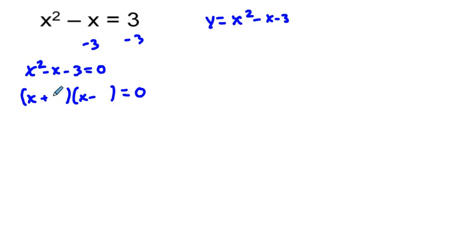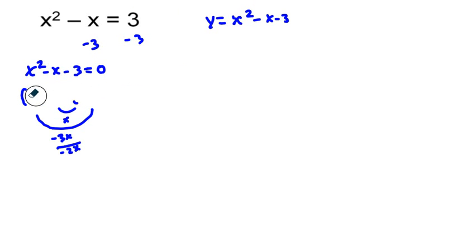If you multiply (x plus 1) by (x minus 3), you get 1 times x, which is x, and -3 times x, which is -3x. Add these together and you get -2x, but we need to get -x. So this is an example of a quadratic expression that is unfactorable.